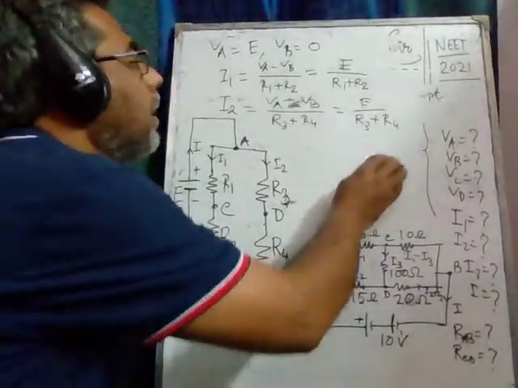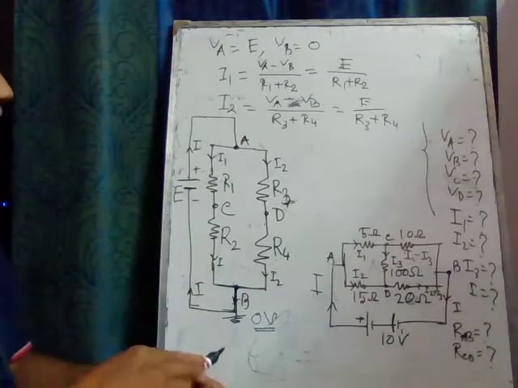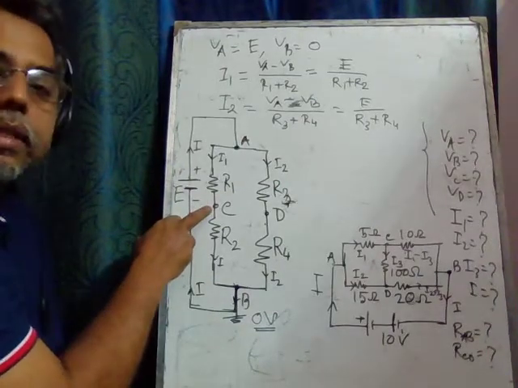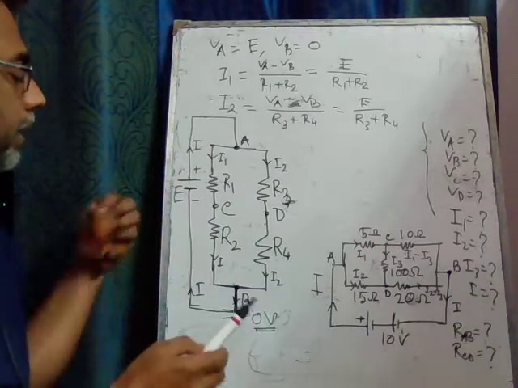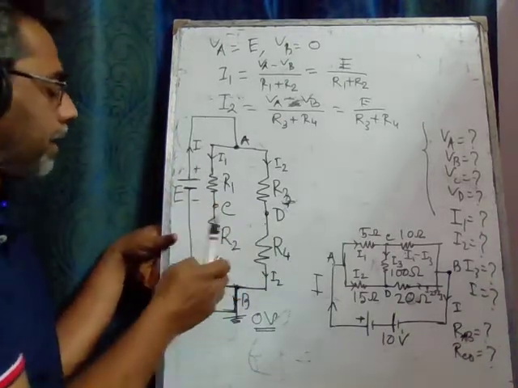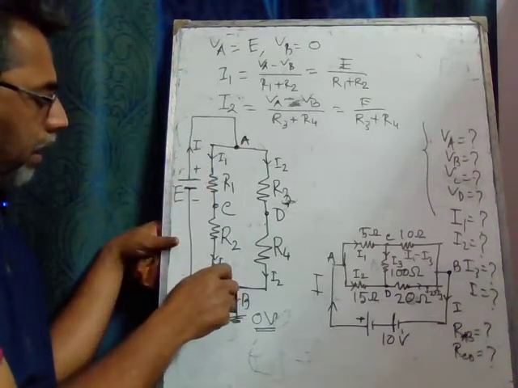Now I want to find the potential of the point C and the potential of the point D. What is VC? The current in this branch is I1.